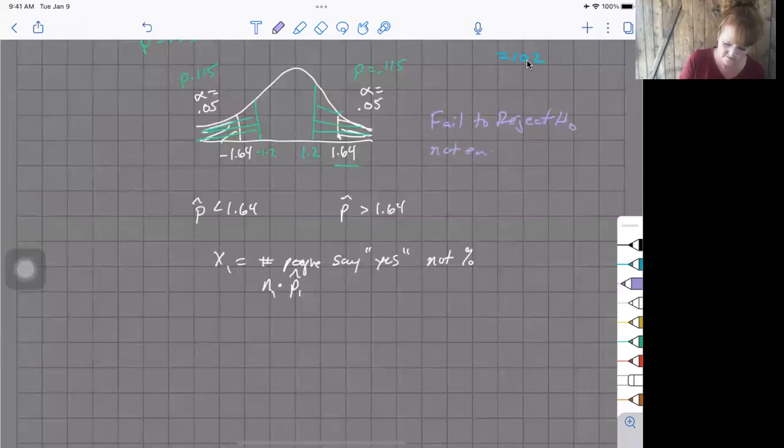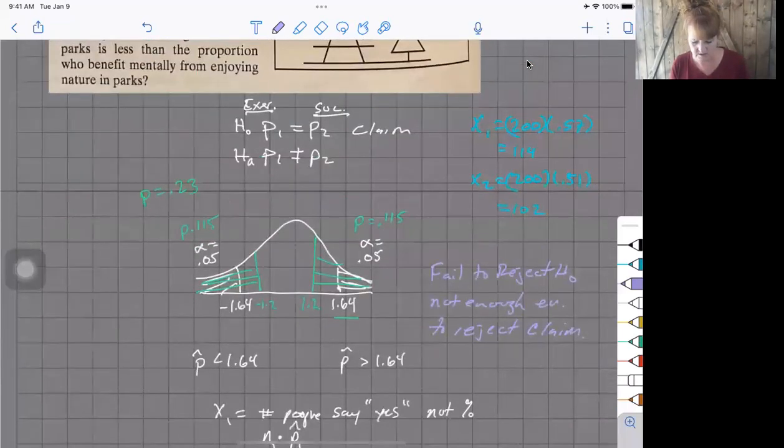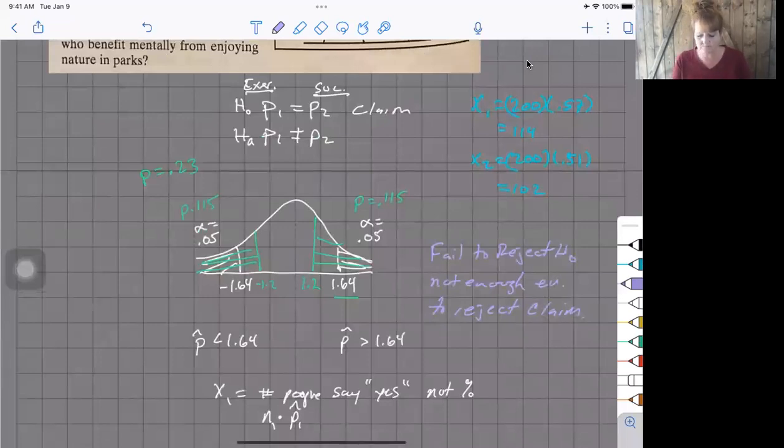Again, failing to reject something does not mean that it's wrong. It just means we don't have enough evidence to reject it. So if the claim's H naught and I fail to reject, it's like, I don't know. I'm not sure. But there's not enough evidence to reject the claim.